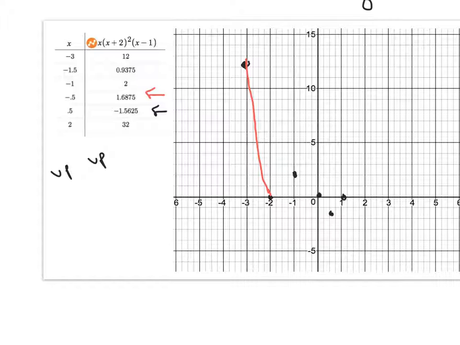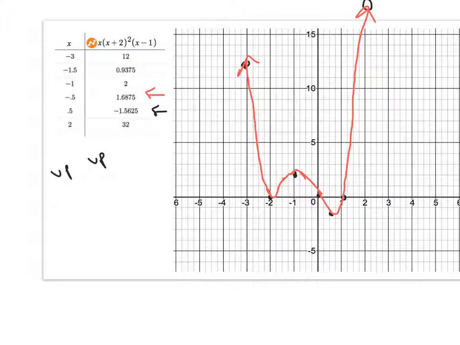So it's actually not going to cross the x-axis here. So I'm going to approximate negative a half, positive 1.6875 is going to be about right here. And so I know that there's going to be what we call a bounce right here. Then the graph is going to come down and it has to cross through here at 0. And then it's going to have to come back up here and cross through 1 again. And then it's going to go way up here to 32.